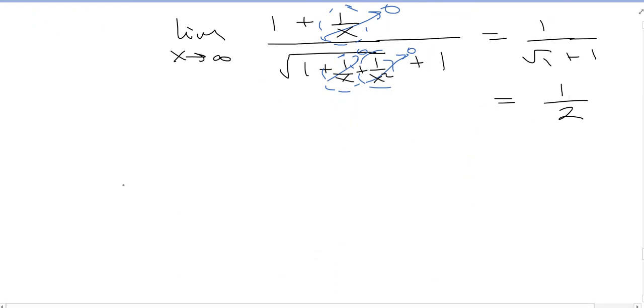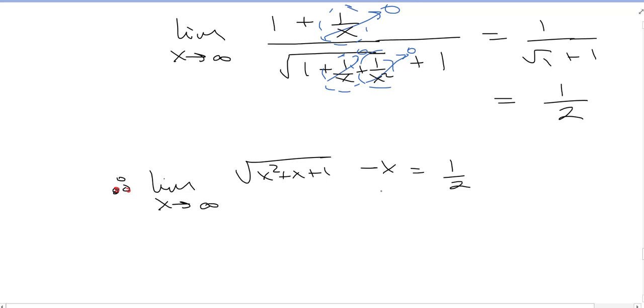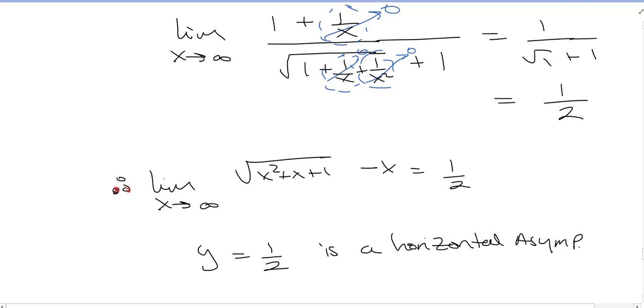So I can say, therefore, the limit as x goes to positive infinity of the square root of x squared plus x plus 1 minus x is 1/2. So that means that this function has a horizontal asymptote at y equals 1/2, as x goes to positive infinity.